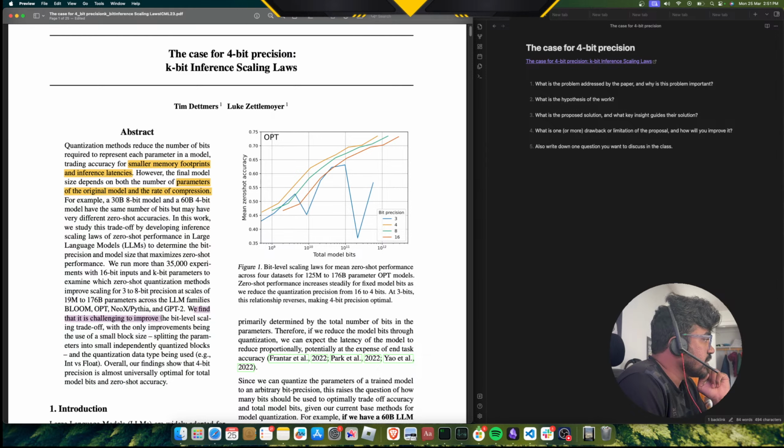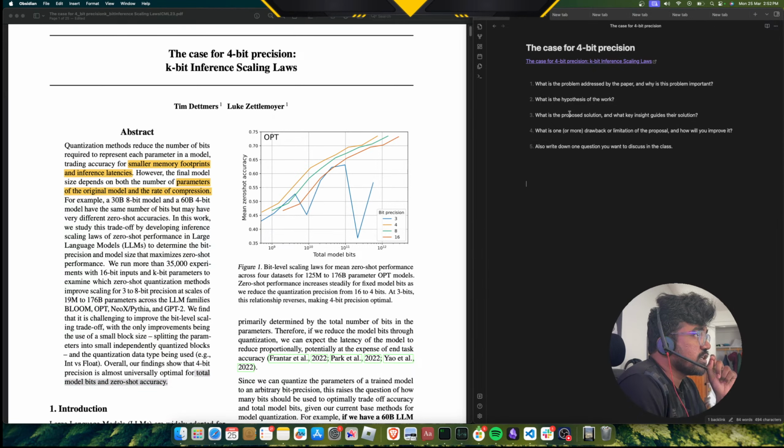We find that it is challenging to improve the bit-level scaling trade-off, with the only improvements being the use of a small block size, splitting the parameters into small independently quantized blocks, and the quantization data type being used. Overall, our findings show that 4-bit precision is almost universally optimal for total model bits and zero shot accuracy.